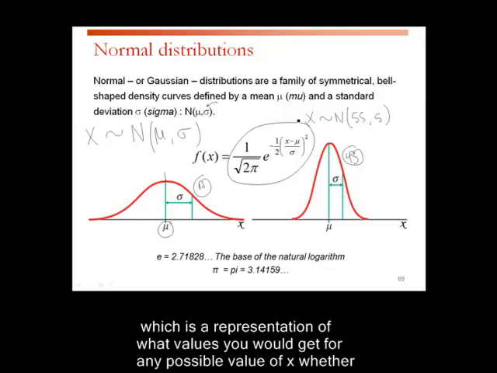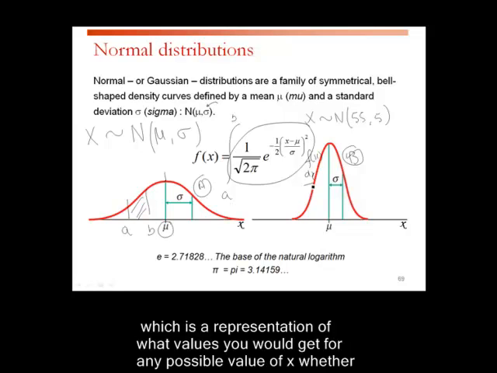Anytime you want to calculate the area under the curve, say the area between a value A and a value B, I would have to take this function and integrate it between A to B, f of x dx. Okay? And to be honest, with a normal distribution, it's a big pain. For certain curves, we can calculate it very easily, but for a normal distribution, it's a big pain.